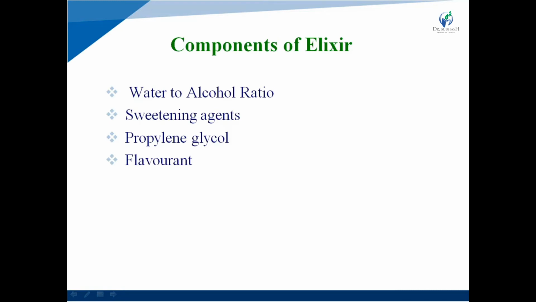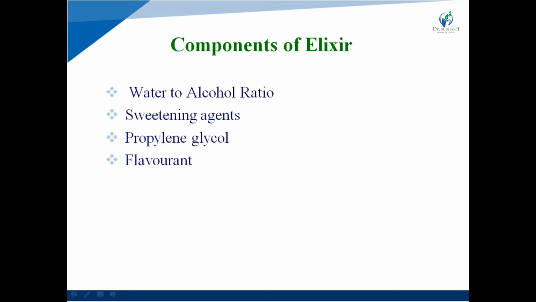Elixirs having a high alcoholic content usually use an artificial sweetener such as saccharine, which is required in very small amount, rather than sucrose, which is only slightly soluble in alcohol and required in greater quantity for equivalent sweetness.